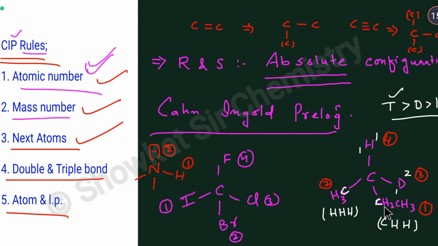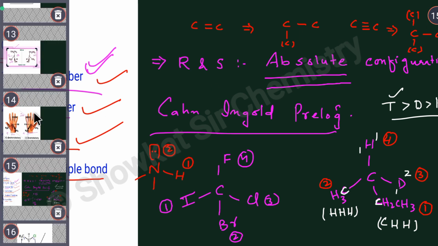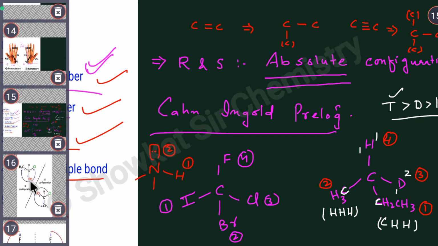For example, here in the case of ethyl, the next atoms are carbon and 2 hydrogens. So carbon has high priority, so we will give it priority 1 here, and in the case of methyl it will be priority 2. And similarly, double and triple bonds are considered as 2 single bonds and 3 single bonds. And whenever an atom and a lone pair are there, the atom is given higher priority than the lone pair.